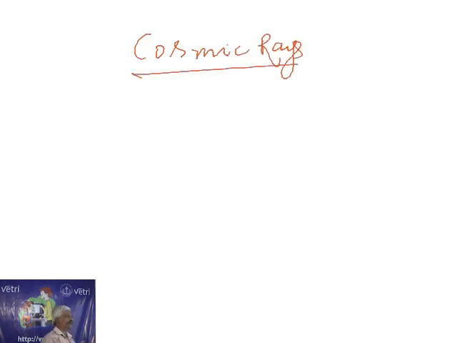These rays were actually named by Russian scientists. Russians never use the word astronomy; they use astrophysics as cosmos region. The particles or rays coming from the upper atmosphere or cosmos region are called cosmic rays.